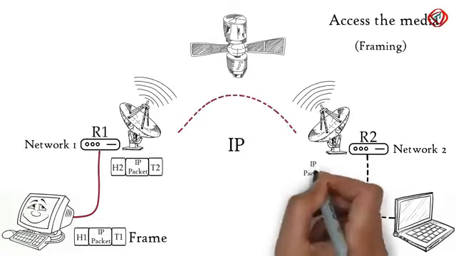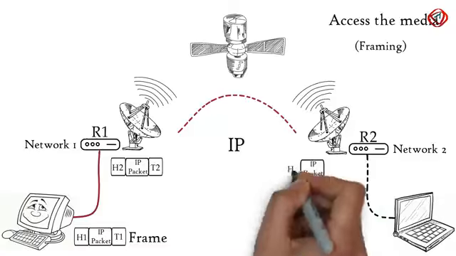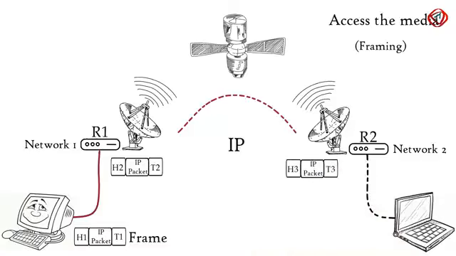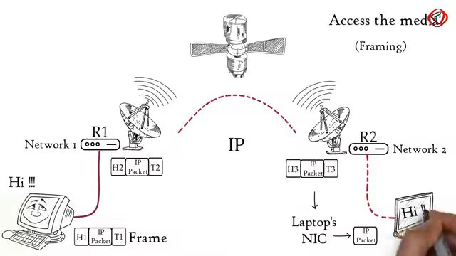Router R2 will again decapsulate the received frame and encapsulate it again to form a wireless data link frame. Laptop receives this wireless data link frame, decapsulates it and then forwards IP packet to network layer. Finally, data arrives at application layer. Application layer protocols then make the received data visible on computer screen.